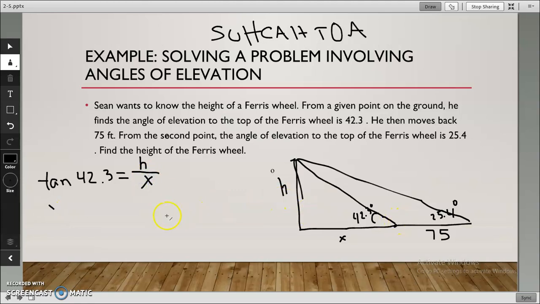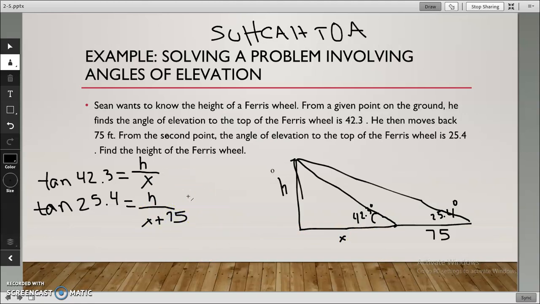For the second one, second triangle, I have tangent of 25.4 is equal to my height over x plus 75.